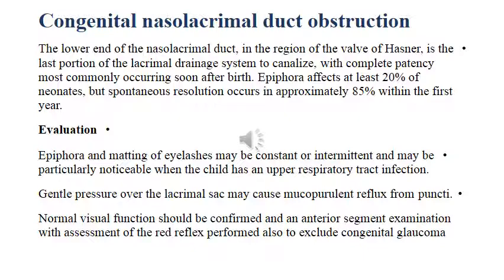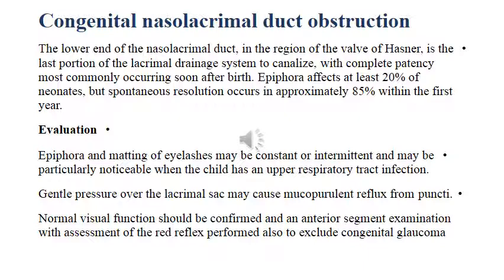The family comes to you with an infant complaining of this type of epiphora, which is either constant or intermittent, bilateral or unilateral. It might sometimes be associated with infection of the conjunctiva, and sometimes it is exacerbated after an upper respiratory tract infection. These are the common complaints.